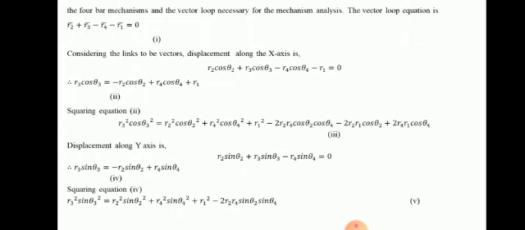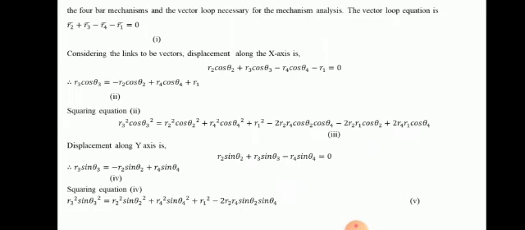Next, squaring equation 2, R3 square cos square theta 3 is equal to R2 square cos square theta 2 plus R4 square cos square theta 4 plus R1 square. By squaring, we know that minus 2 R2 R4 cos theta 2 cos theta 4, minus 2 R2 R1 cos theta 2, plus 2 R4 R1 cos theta 4.